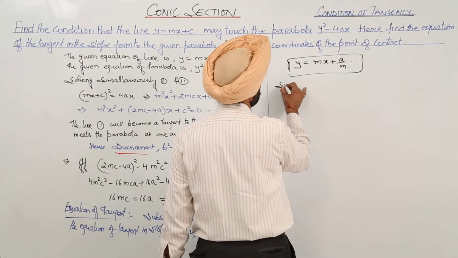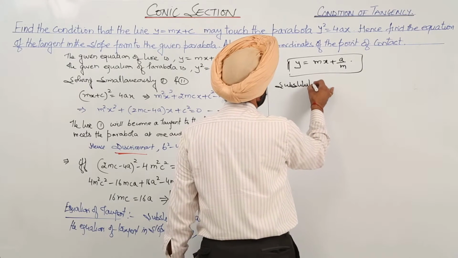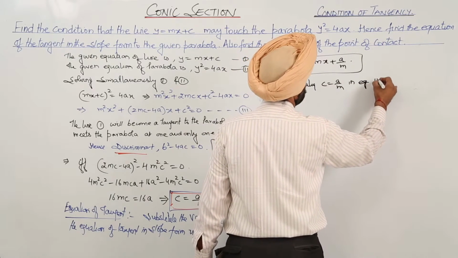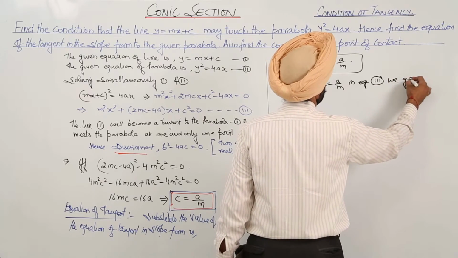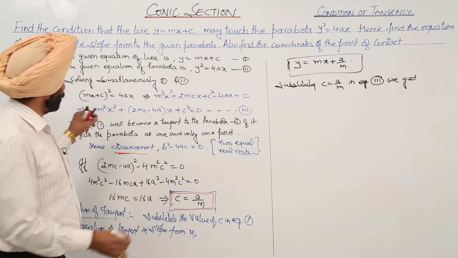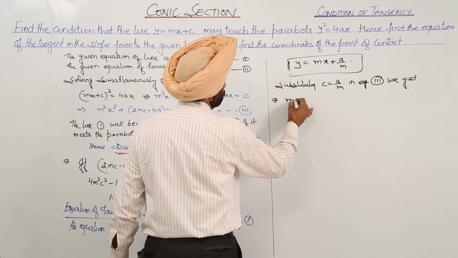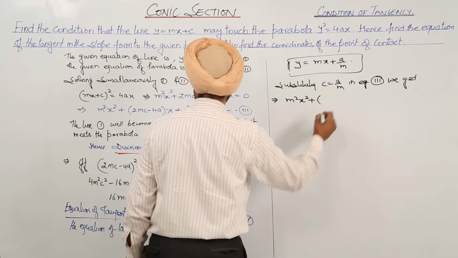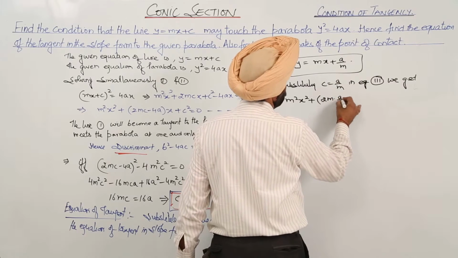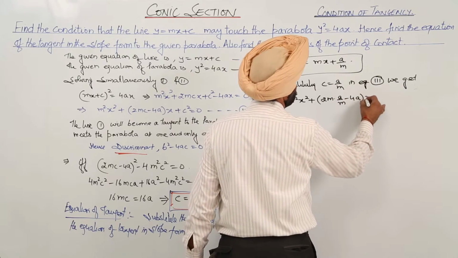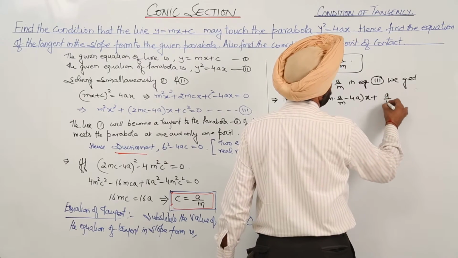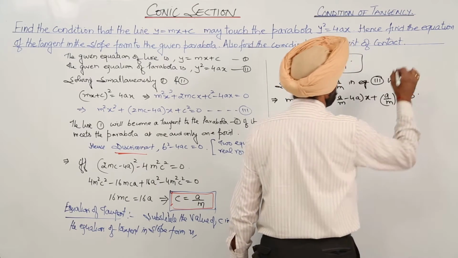Now substituting c is equal to a upon m in equation 3, we get m square x square plus (twice of m with a upon m minus 4a) x plus c square, where c is a upon m, a upon m whole square is equal to 0.